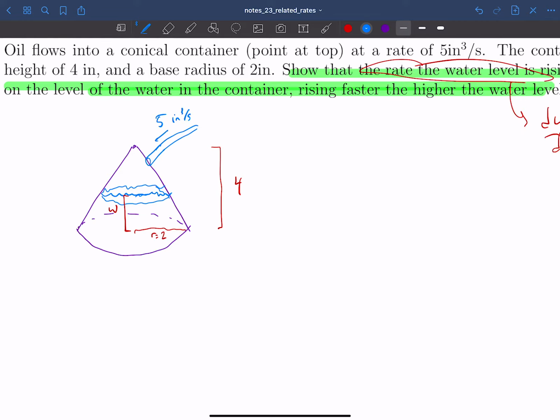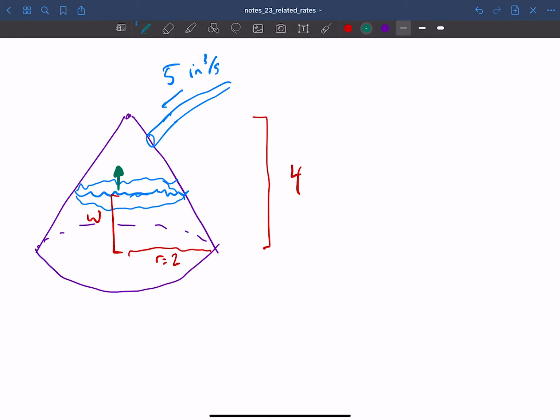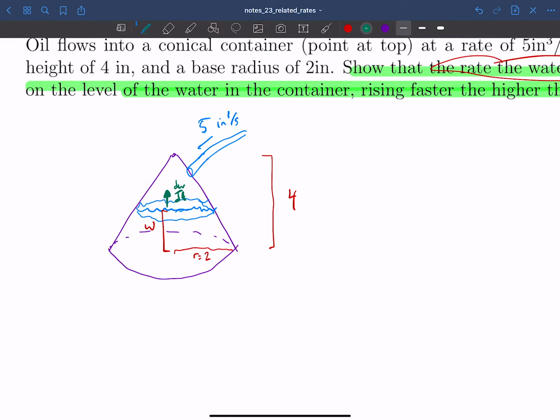Seems like a lot. We are interested in the way that W is changing, right? I like using action arrows to indicate that something is moving. dW dt, because W is changing.